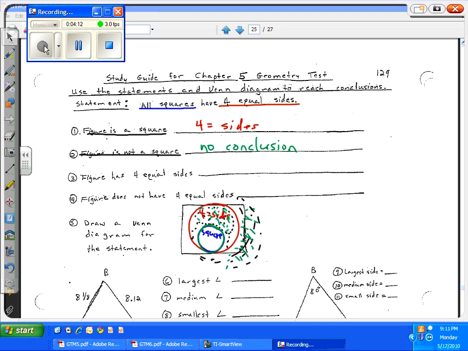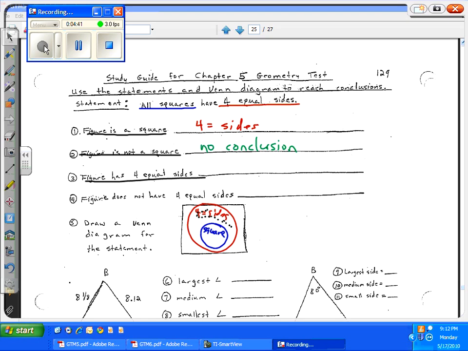Okay. A figure has four equal sides. Well, we've got to start with our Venn diagram again. Four equal sides, square. If it has four equal sides, then it's in the big circle.